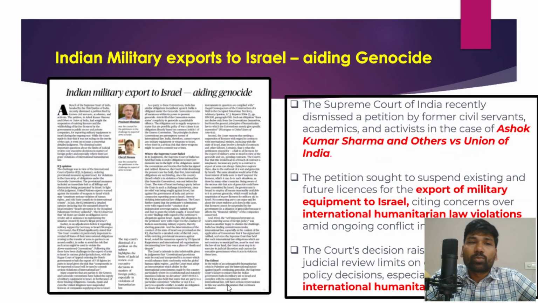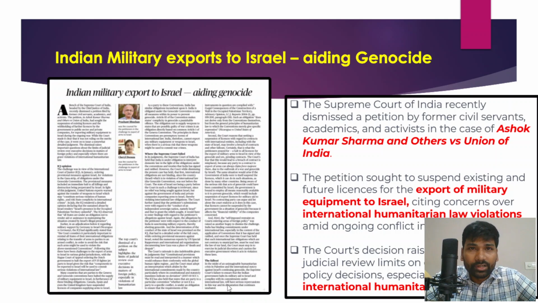Next, a very important article or editorial in The Hindu newspaper is about Indian military exports to Israel, and how these exports have been aiding the genocide in Gaza. In recent times Israel has been attacking Hamas, which is located in the Gaza Strip, and these all-out attacks have led to a humanitarian crisis where a lot of civilians are being killed.